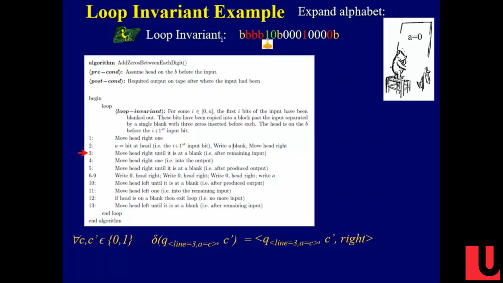I stay in the same state, and I don't want to destroy the character, so I'm reading a C prime, and I'm writing a C prime, and I'm moving right. Does that make sense? And what is this going to do? It's going to keep doing it until it gets a blank. So watch our little man up there. It wasn't a very long word, but he goes there and then he goes there. And then it's a blank.